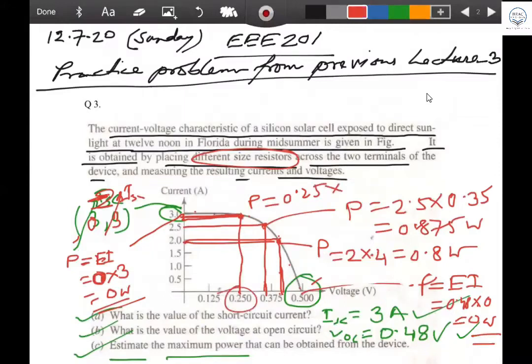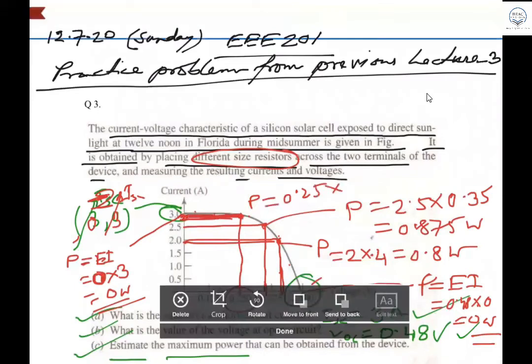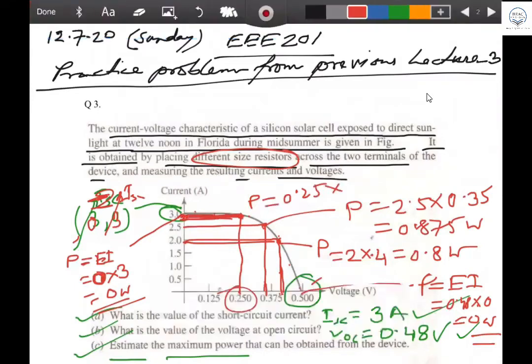Less than 3, right? 2.8. Okay, it is 2.8. Can you tell me what the multiplication gives you? 0.25 times 2.8. What is that? 0.7. 0.7 watt.